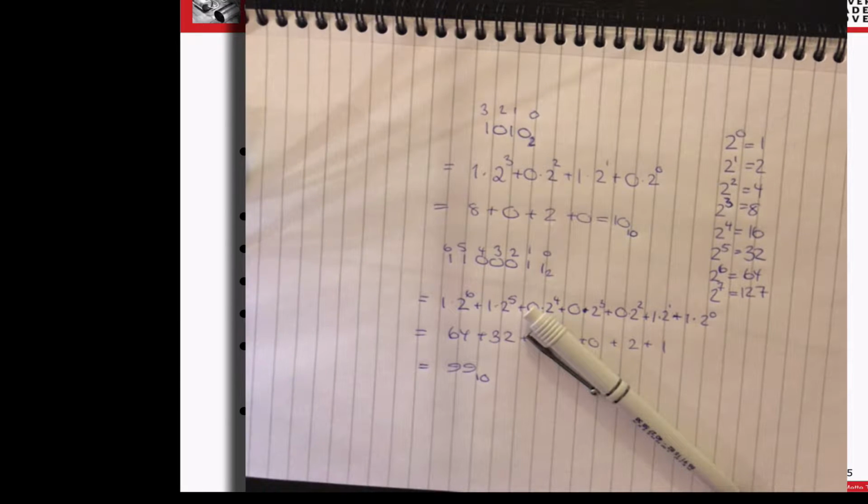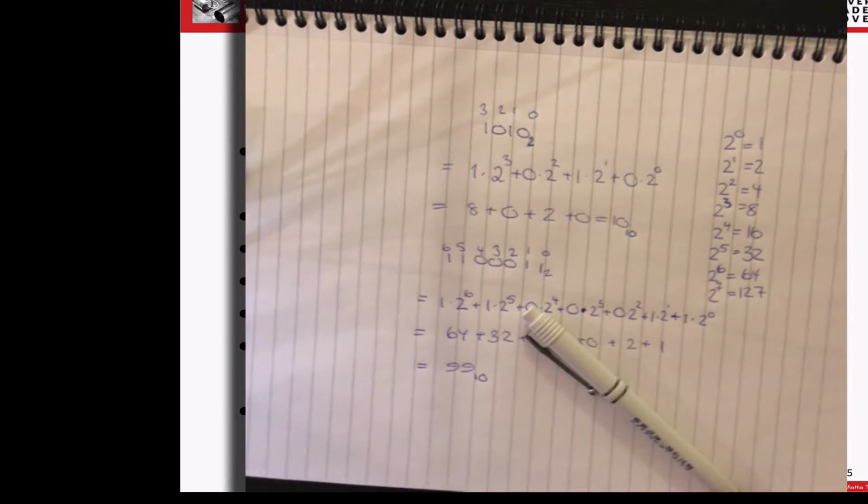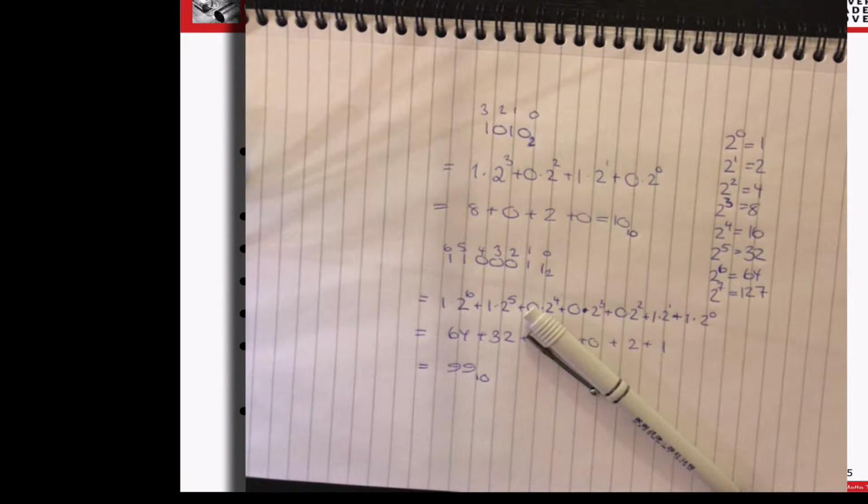Then I take 15, divide by 2, which is 7.5, which means that it has a whole part of 7 and a remainder of 1. Then we take 7 and divide by 2, which is 3.5, which gives me a whole part of 3 and a remainder of 1.